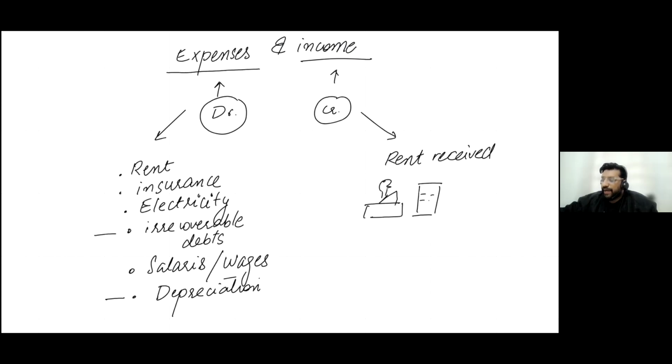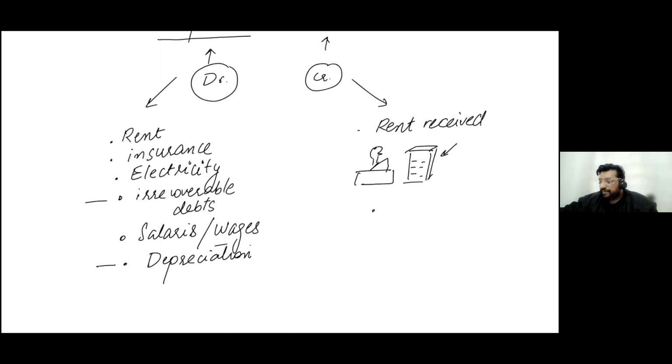So we are receiving rent from this building. So that would be rent received. We have interest received. So we had extra cash and we lend it to someone and now they pay us interest. So that's interest received.